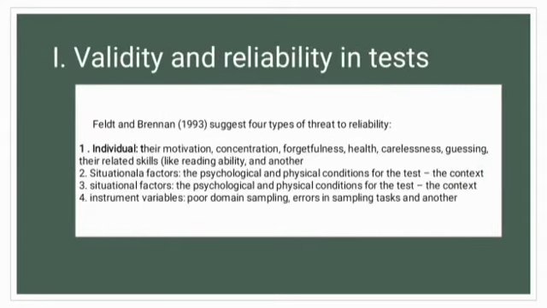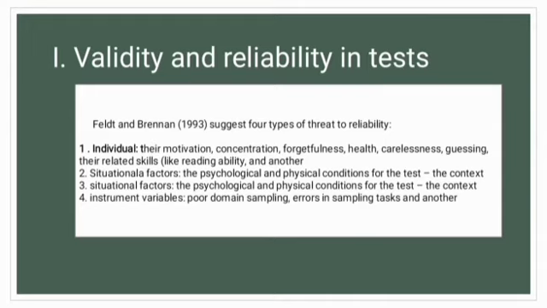Next, validity and reliability in tests. According to Feldt and Brennan (1993), there are four types of threat to reliability. First, individual factors: motivation, concentration, forgetfulness, health, carelessness, guessing, and related skills like reading ability and others.